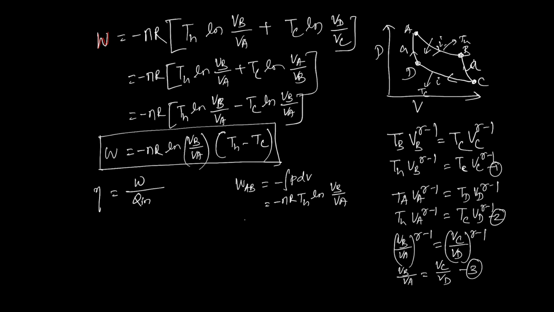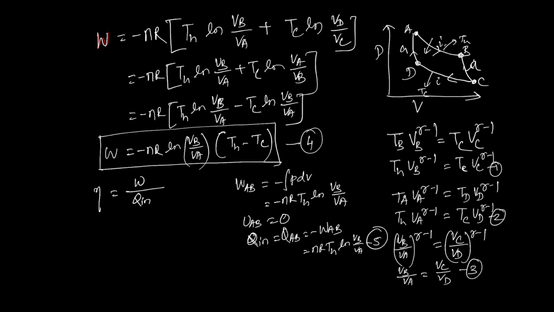And UAB is 0 because there is no temperature change. Therefore, heat input Q in equals QAB, which is the negative of WAB, which is plus NR Th ln Vb by Va. Let's call this equation 4 and this equation 5.